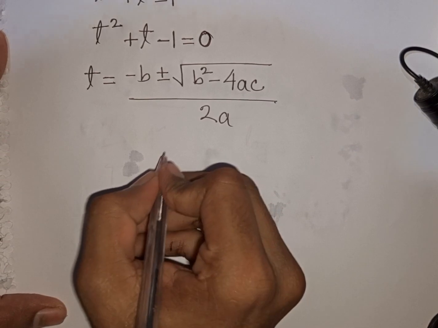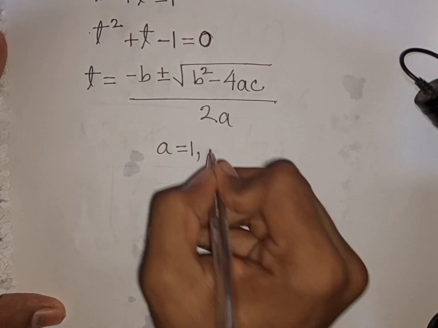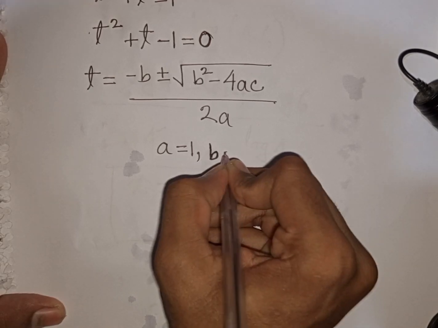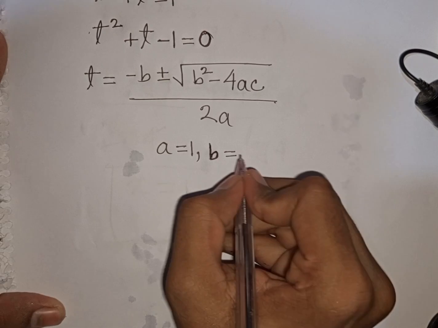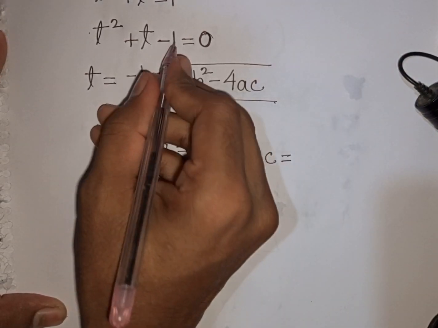Here a will be equal to 1, b will be equal to 1, and c will be equal to negative 1.